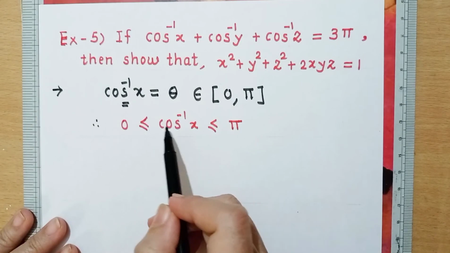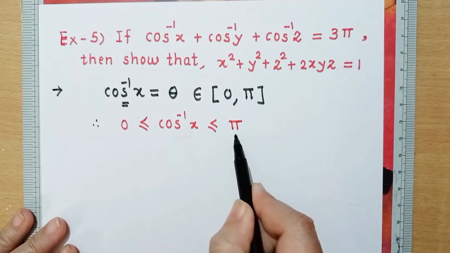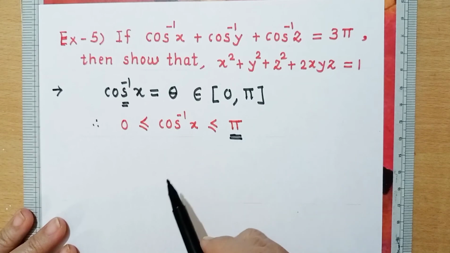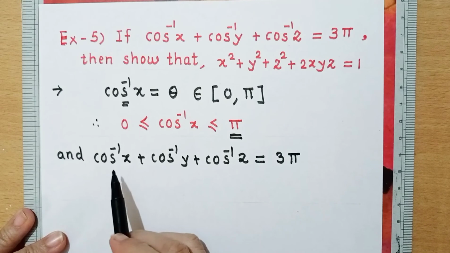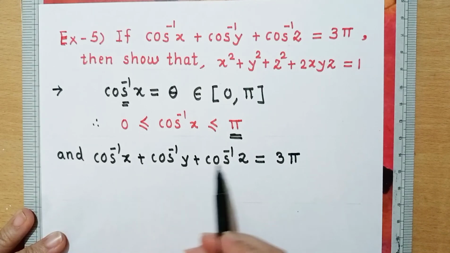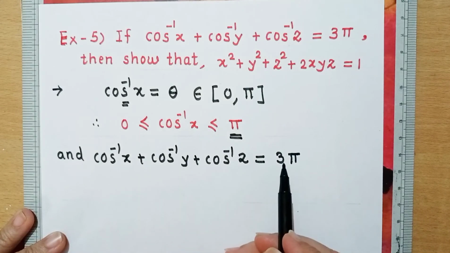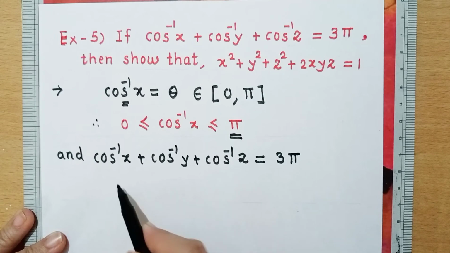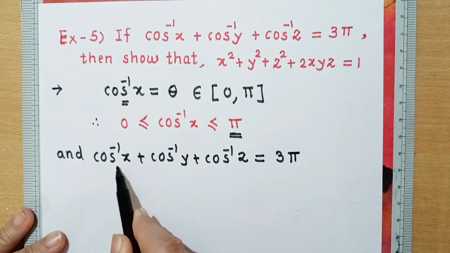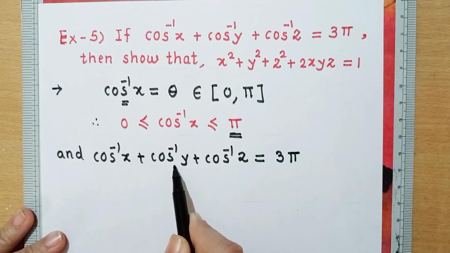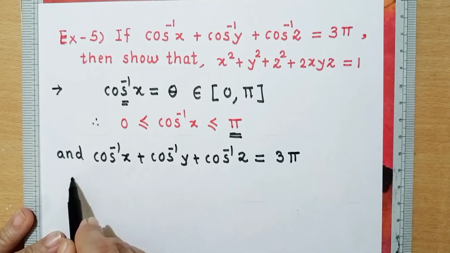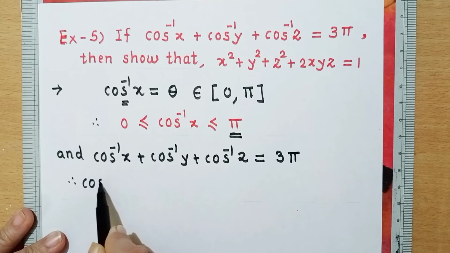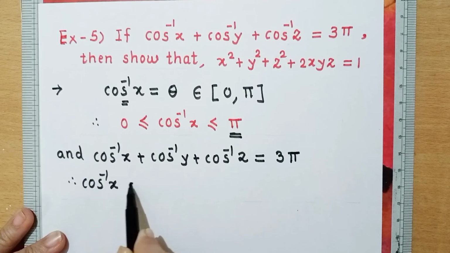That means this cos inverse x assumes value at the most pi and again we have given that cos inverse x plus cos inverse y plus cos inverse z equal to 3 pi. That means definitely value of this function is pi, this also pi and the value of this function is also pi. So I am writing here cos inverse of x equal to pi.